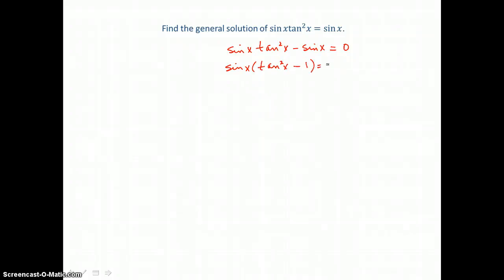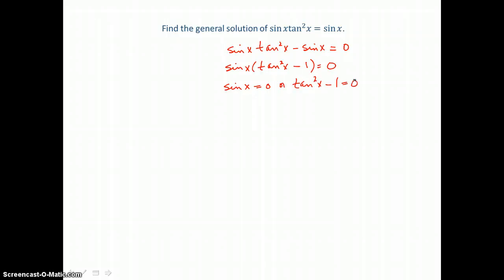And now that I have this equation factored, I can use the zero product property. I can set those factors equal to 0, sine x equals 0, or tangent squared x minus 1 equals 0.